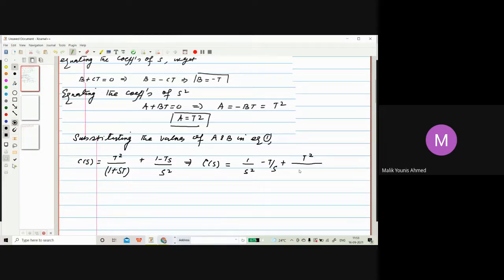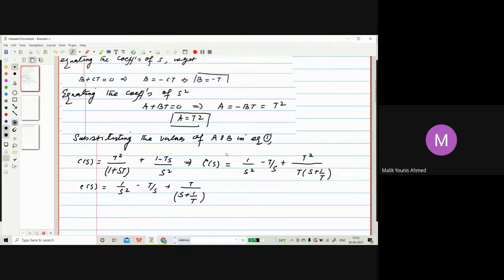I'll take T common, so this will become S plus 1 by T, whole square, and one of them will go. So finally the C of S in the S domain will be 1 by S square minus T by S plus T, and T gets cancelled. That is T by S plus 1 by T.